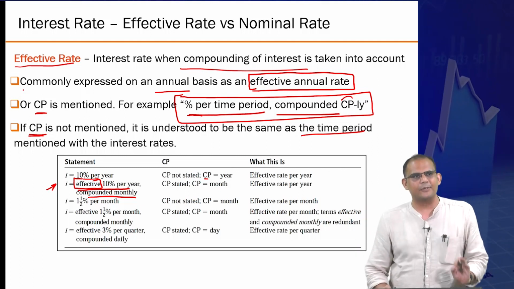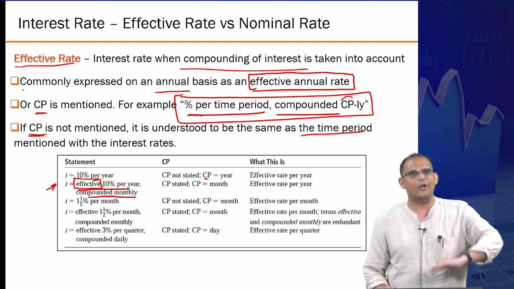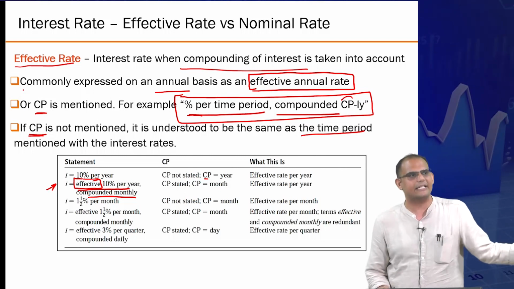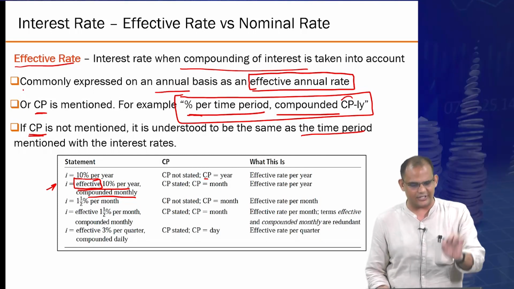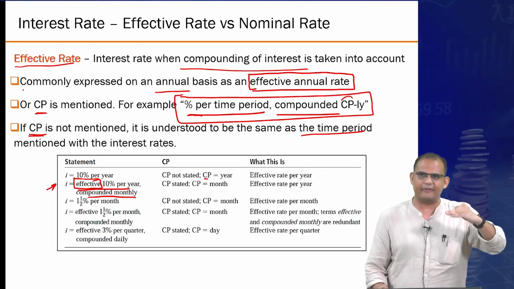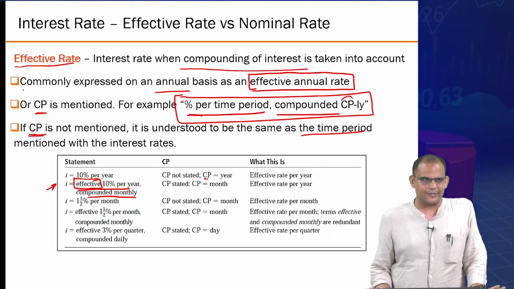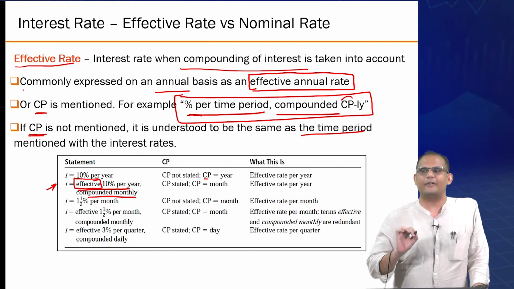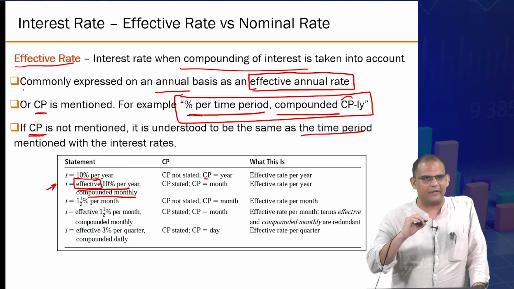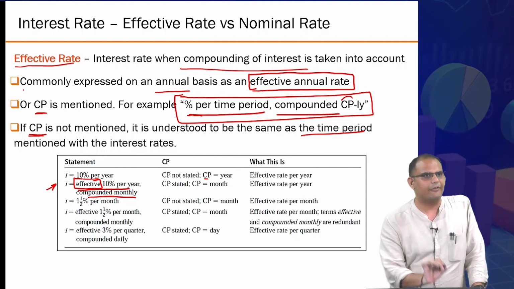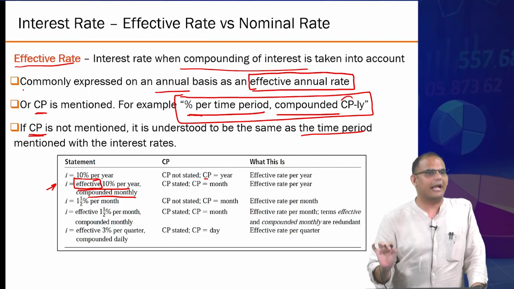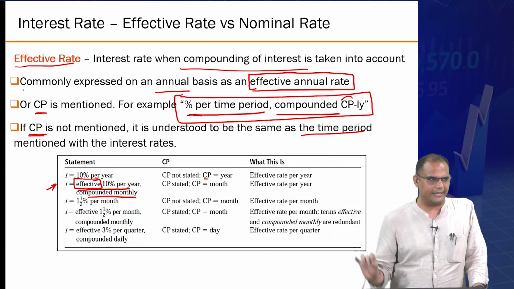If you want to use this rate for yearly, you can already use it, doesn't matter what CP is. Only for yearly transactions can you use it, because this is the effective rate per year already given to you. Understood? If you need to estimate, for example, quarterly rates, we will have to do a transformation. I will show you how to do the transformation later.